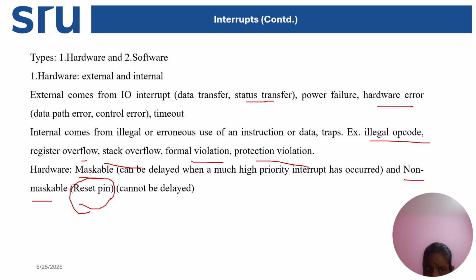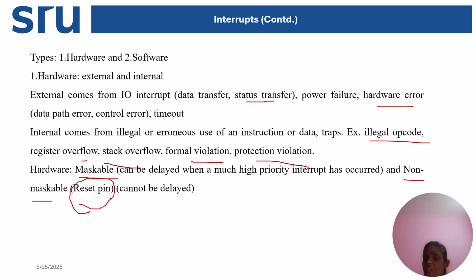But maskable means during an execution, a small high priority interrupt occurs, then it has to delay, it has to wait, and after completing the high priority service, it will come back to the original. So interrupt does not mean the process is abruptly stopped entirely.